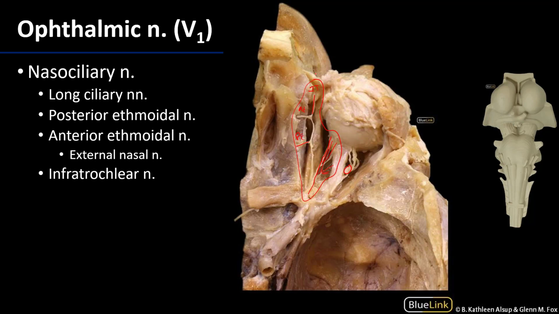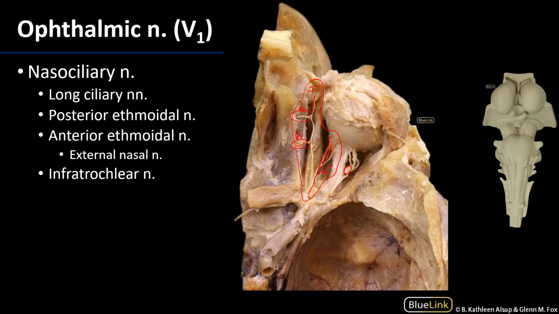The posterior ethmoidal fibers are afferent from the sphenoidal sinus as well as the posterior air cells. The posterior air cells combine with other air cells to form the ethmoidal sinus. So the posterior ethmoidal serves both the sphenoidal sinus and the posterior part of the ethmoidal sinus, specifically the posterior air cells.